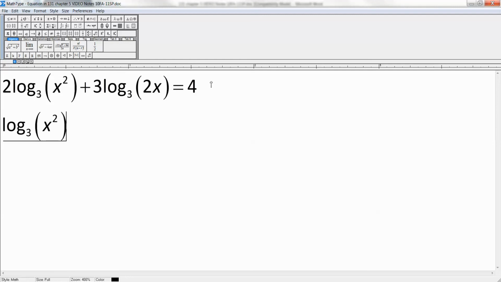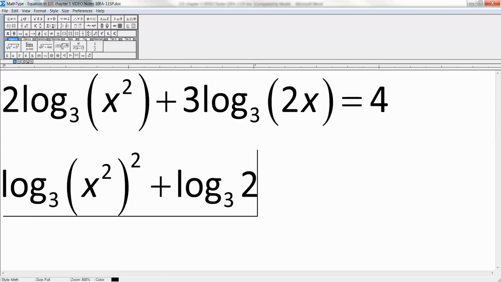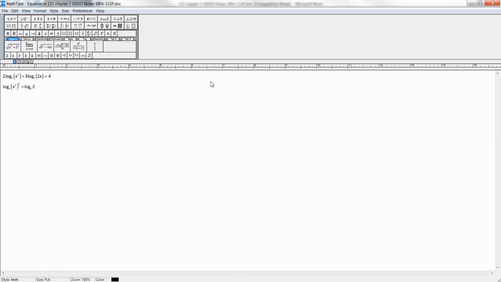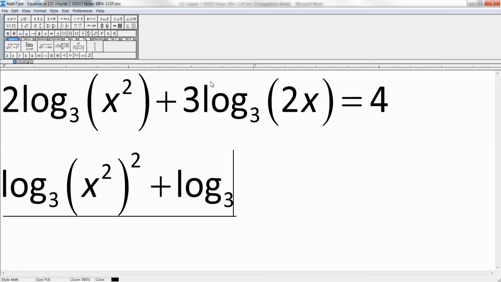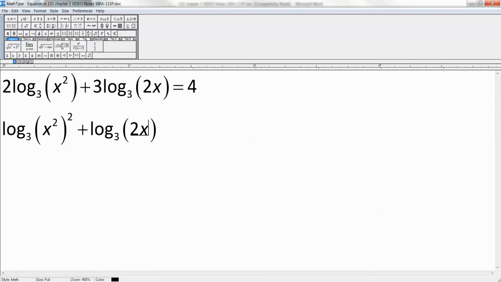So we'll make it log base 3 of x squared squared plus the log base 3 of 2x to the 3 equals 4.